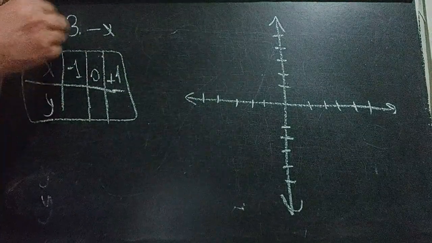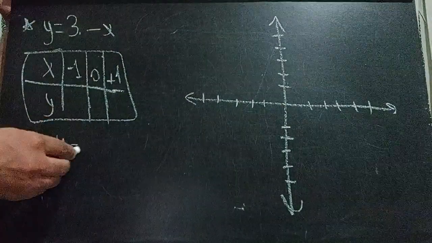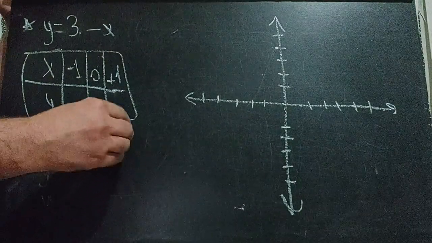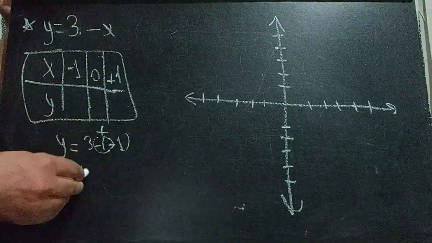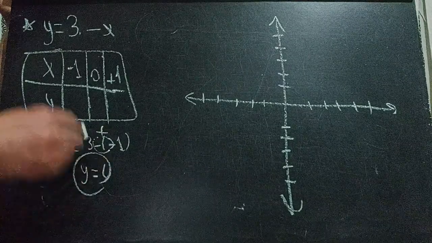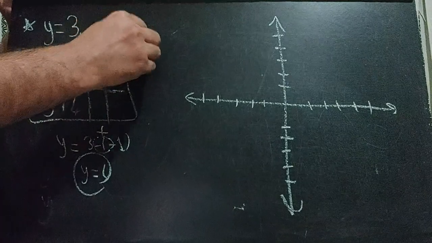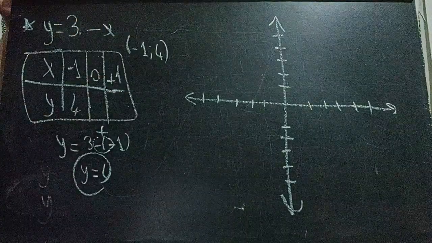So when I give -1, that will be y equals 3 minus -1, which is going to positive there, y equals 4. That will be my first point, -1, 4. Second point, 0.